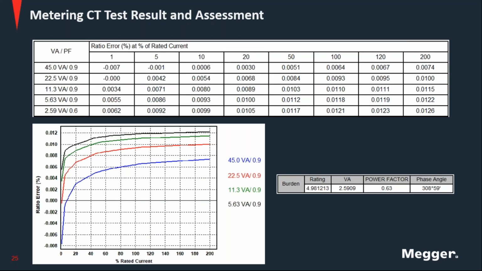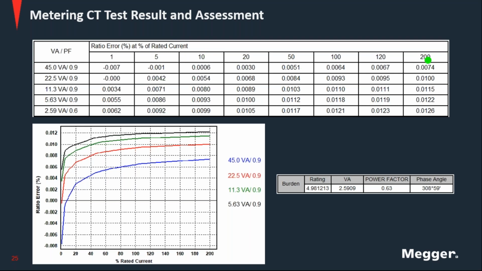And now in this table, we can see the ratio error at different rated currents for different loading conditions. So this is the real part of the ratio, and it is looking at the magnitude, how the magnitude will be affected as the load increases.